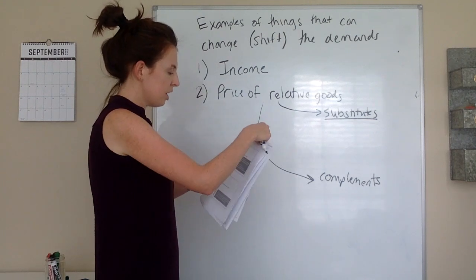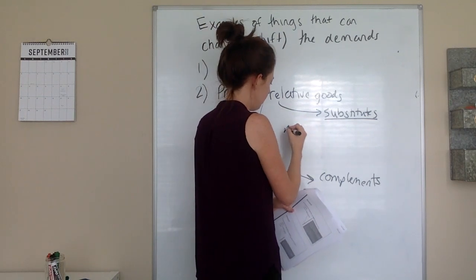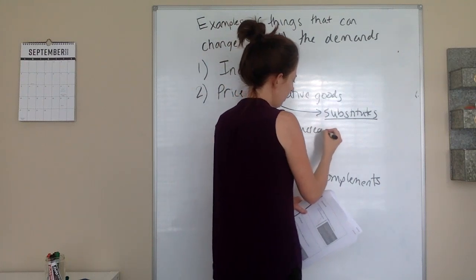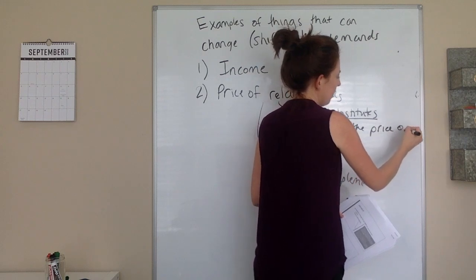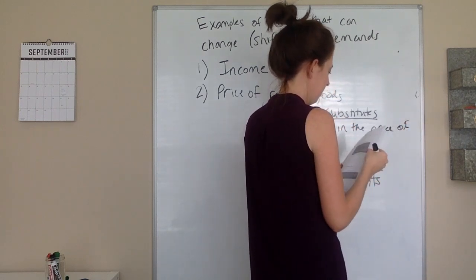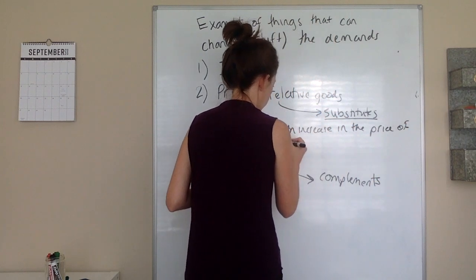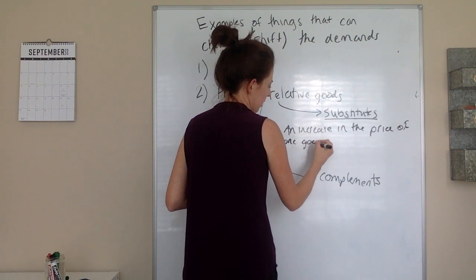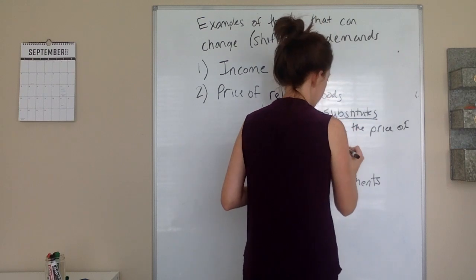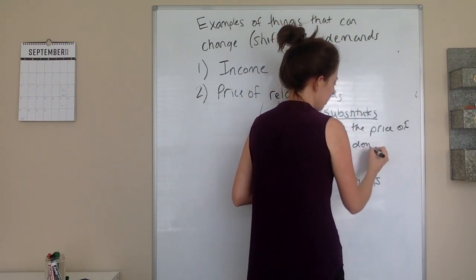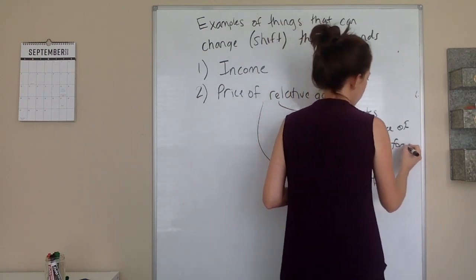And it's going to be such that an increase in the price of one good, so one of the two things, leads to an increase in the demand for the other.